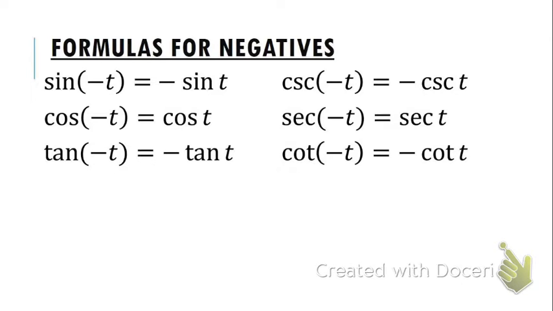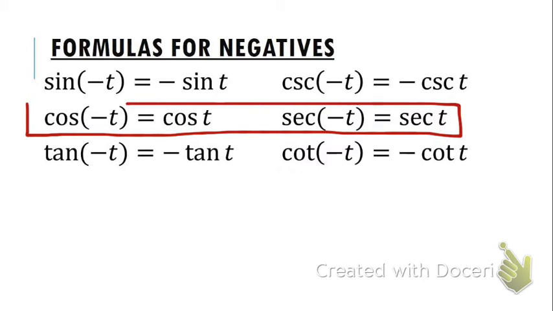One last thing I want you guys to jot down. Because of this relationship right here, cosine is an even function. That means it has y-axis symmetry.